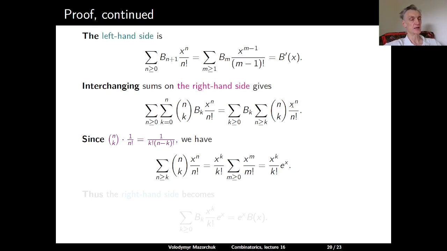But that's exactly e to the x. So the second factor can be replaced by e to the x, and the right-hand side becomes the sum over k of B_k times x to the power k divided by k factorial, times e to the x. But that's exactly e to the x times the original generating function B(x).